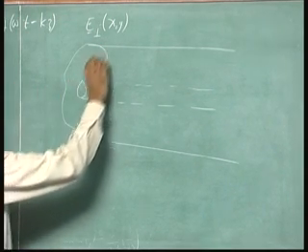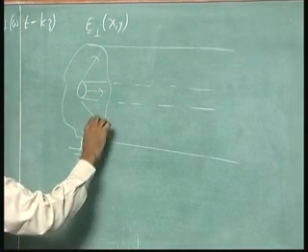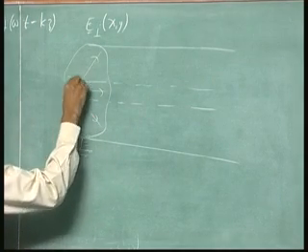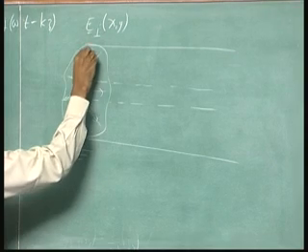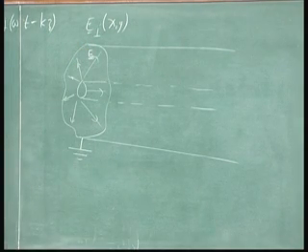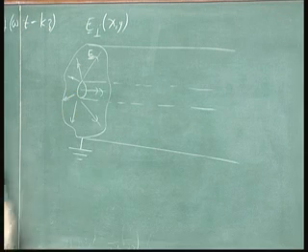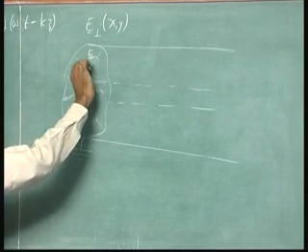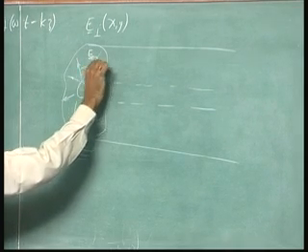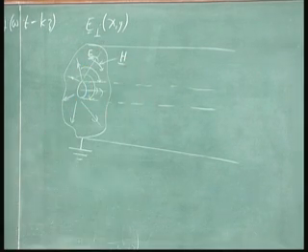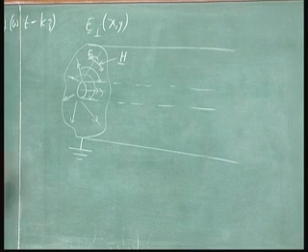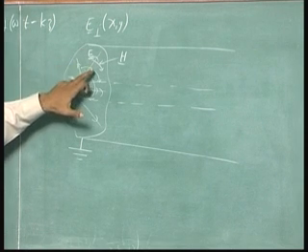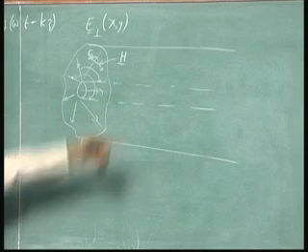My electric field will be mostly radial, and if I want to solve for the magnetic field, well, there is a current through this central wire, so the magnetic field will be in the theta direction, and therefore E cross H, which is radial cross theta, is in the z direction.